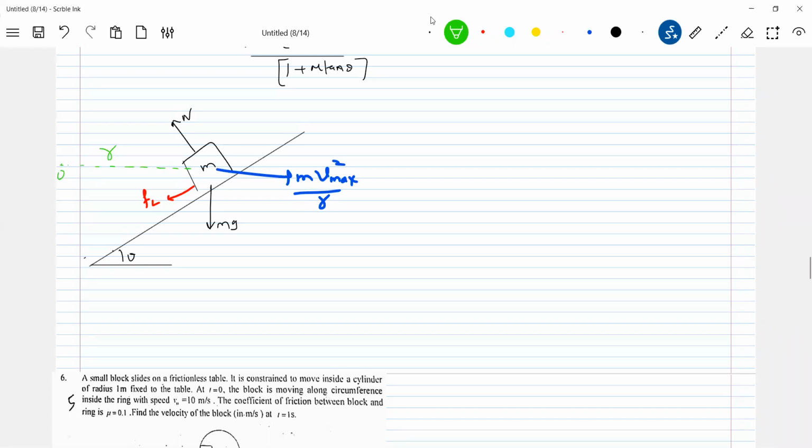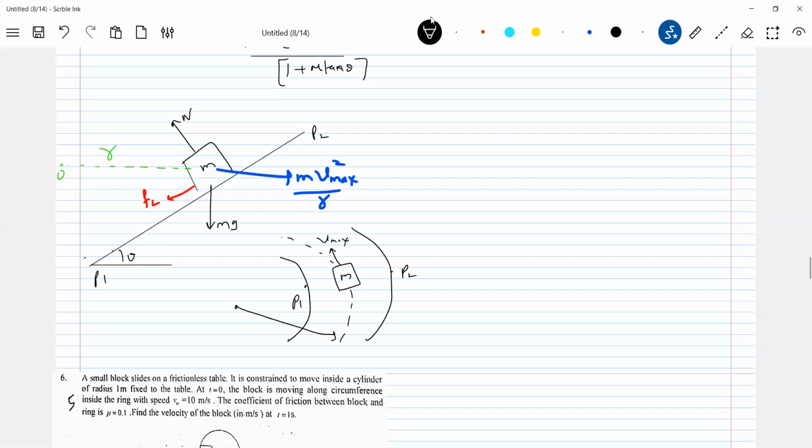Now again equating the forces in a similar way. And what is the track? The track is here like this. The same idea we did earlier. This is P1. It is going to move in a circular path. Let this be the radius R. Okay, fine.